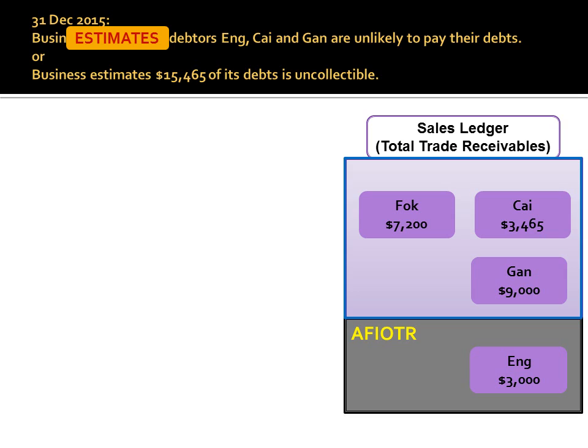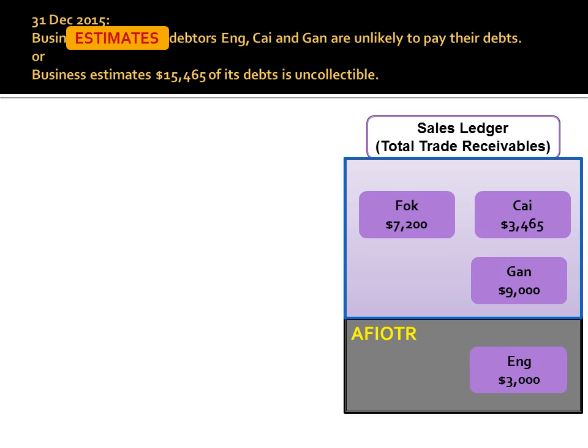Suppose in this example, the business now estimates that Ing, Chai and Gan are unlikely to pay their debts. Before this new estimate is made, we already have Ing in the blacklisted account. This means that we would need to add Chai and Gan into the blacklisted account as well.